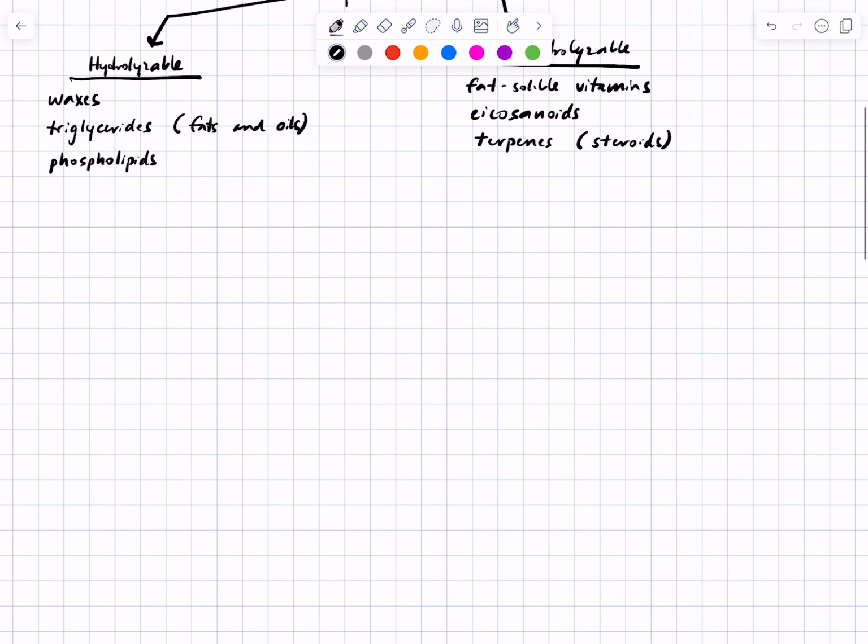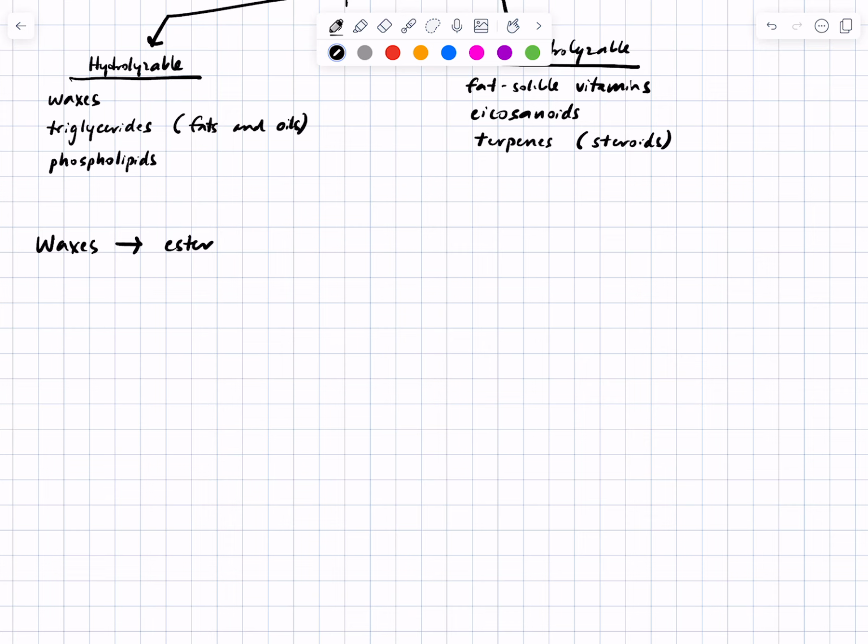A wax is basically an ester, and the ester has a carboxylic acid portion and an alcohol portion. And with waxes, both portions are long chain hydrocarbons. So here is a kind of wax that is isolated from the sperm whale. It's called spermaceti wax.